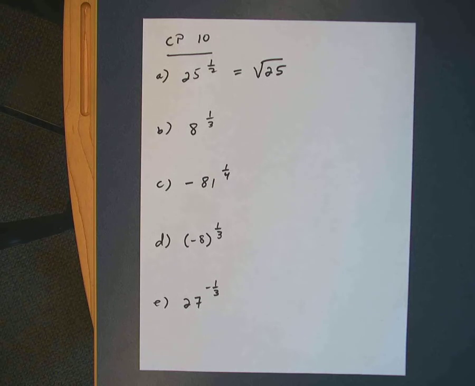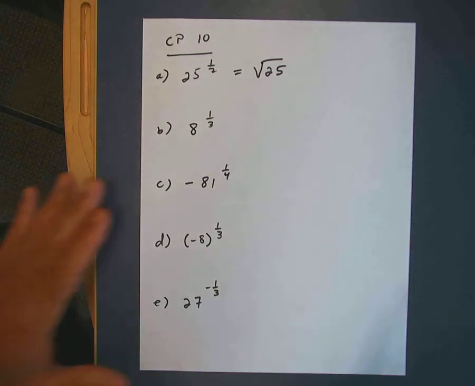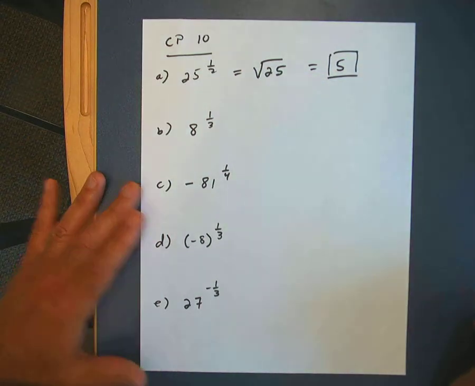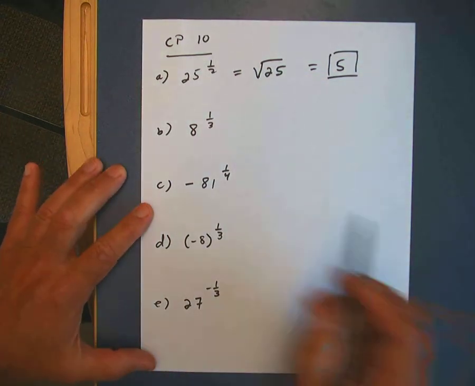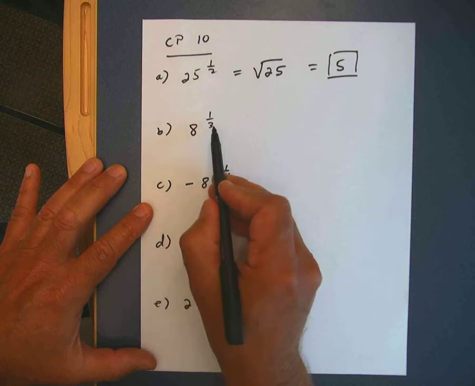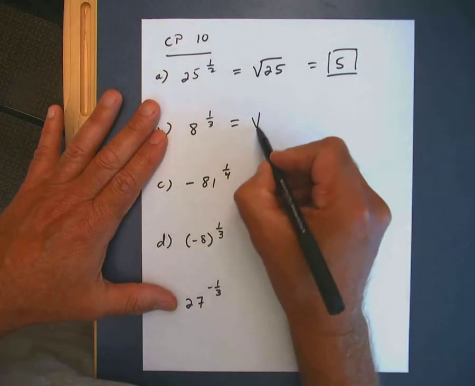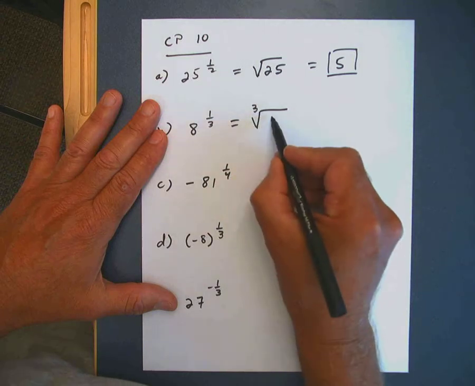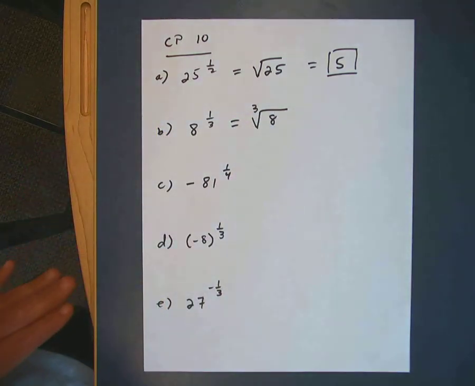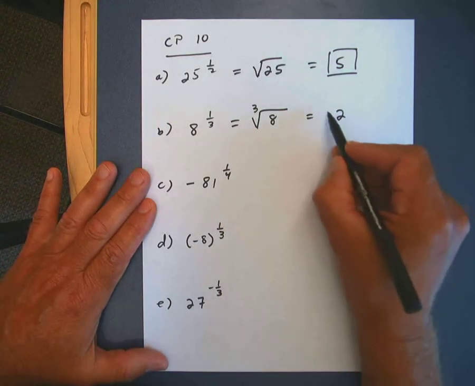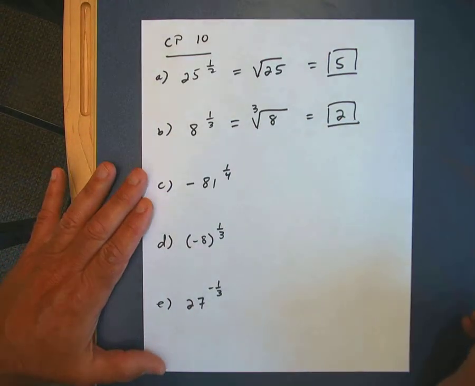The square root of 25 is 5, so this expression would simplify to 5. Next, 8 to the 1/3 power. Translating that into root notation, we could write that as the cube root of 8. And since 2 cubed is 8, we know the cube root of 8 is 2. So this would simplify to 2.